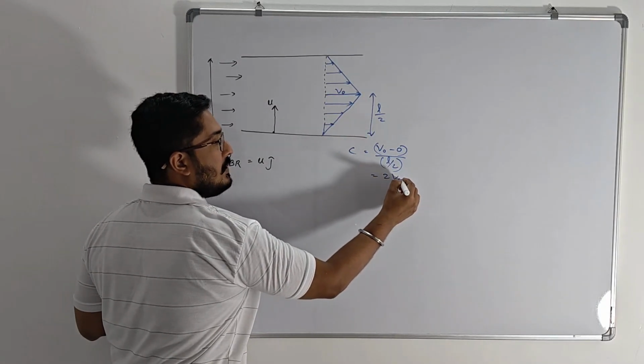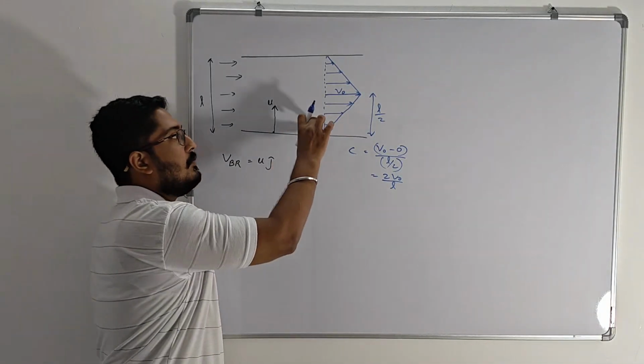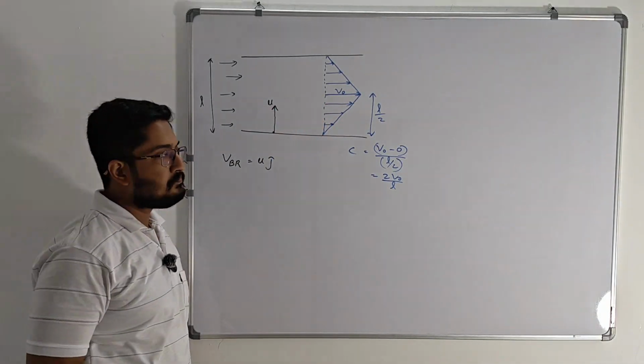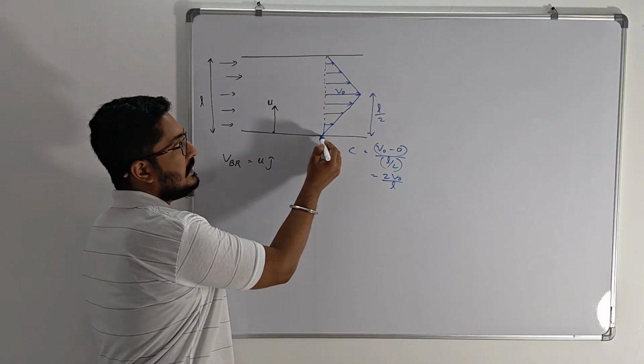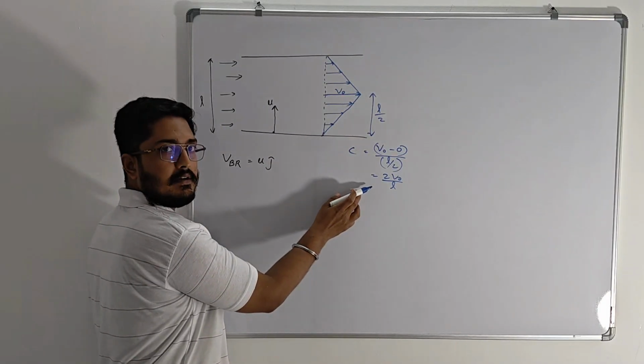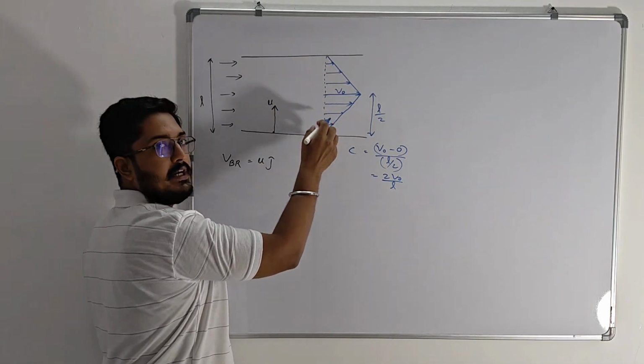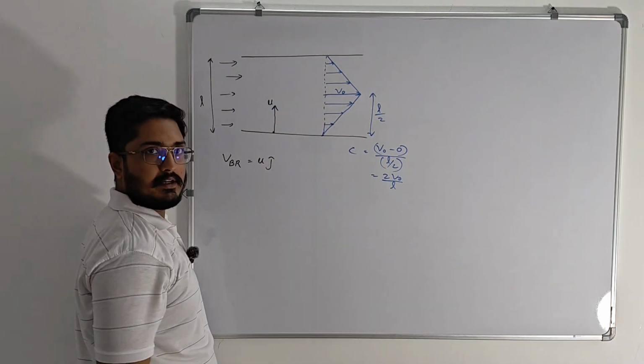So that becomes 2 V naught by L. This is the change in velocity per unit distance as I go this side. So from 0 distance to L by 2, my speed is increasing at this rate. From L by 2 to L, the same speed is decreasing at this rate.